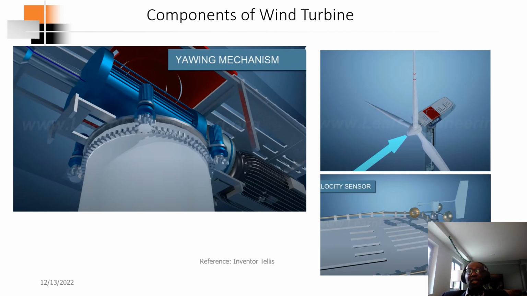This is integrated to a controller, and the controller is integrated to the motors of the yaw system. These are the motors of the yaw system, which basically turn the wind turbine to the new direction where the wind is flowing.